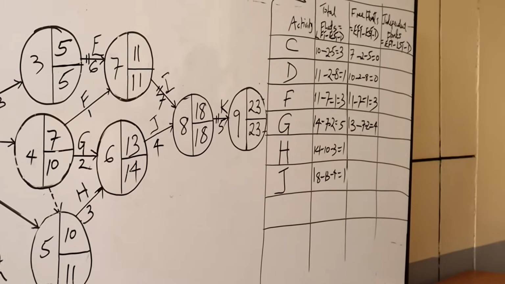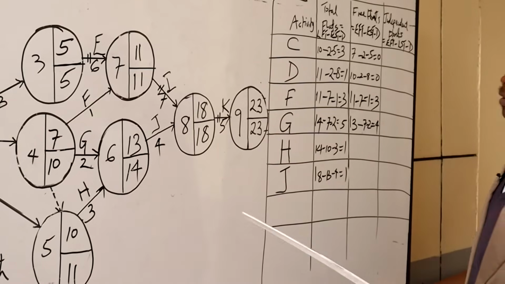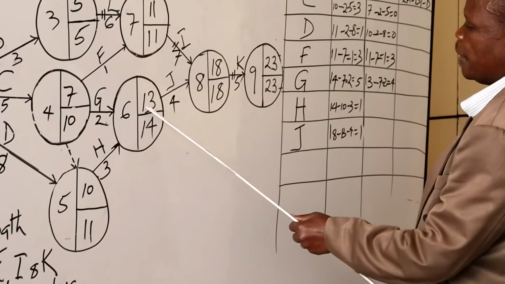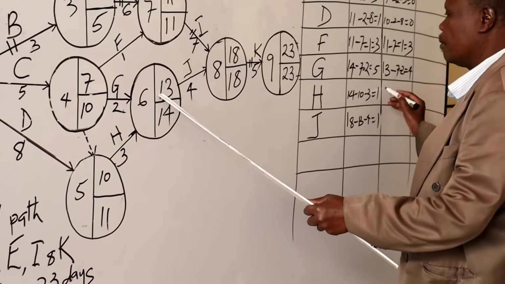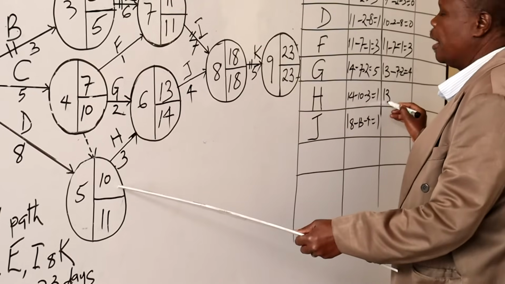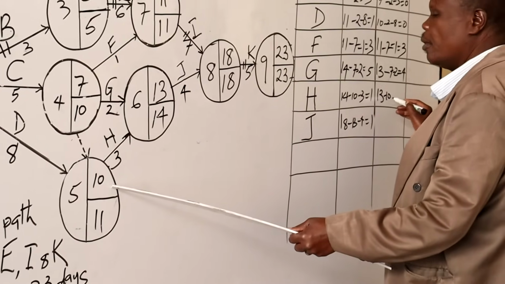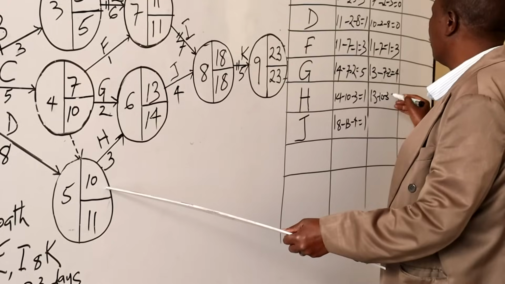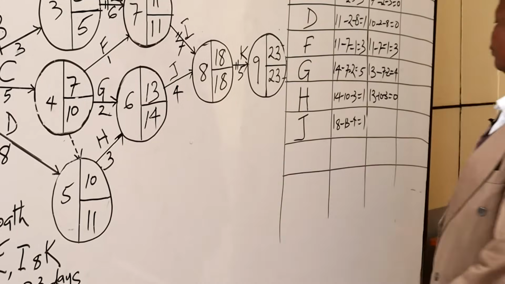Then H is 13, that is earliest finishing time, minus earliest starting time, minus the duration, that is 0.